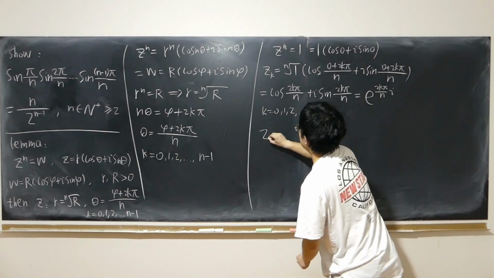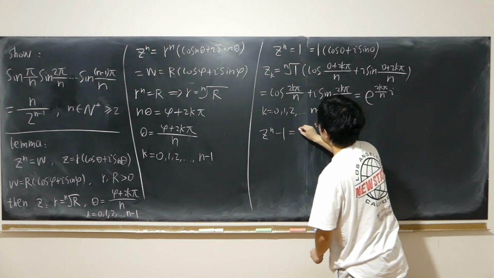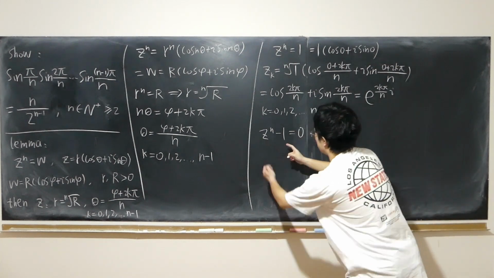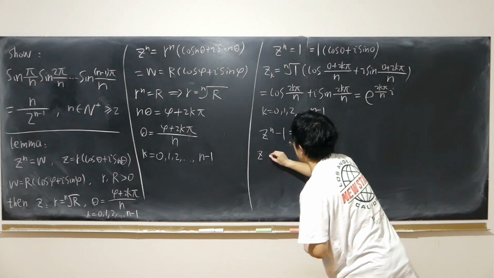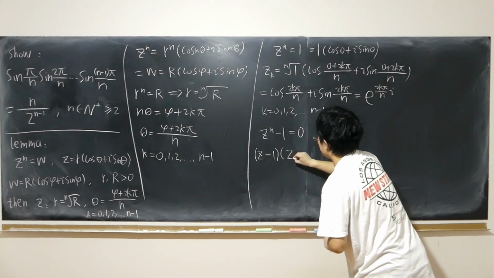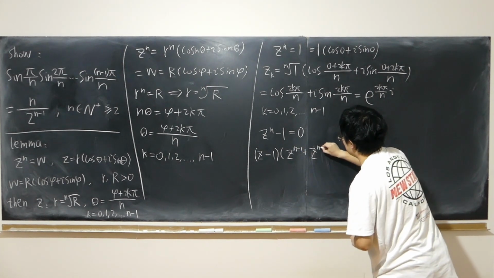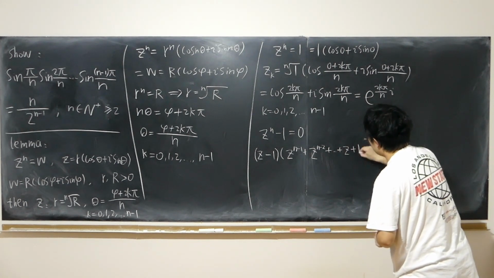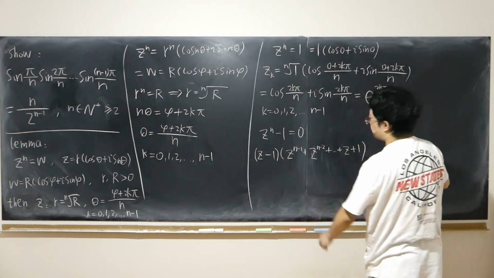Now for z sub k. First of all, rewrite this equation, z to the power of n minus 1 equals 0, and factor it out. We have the formula: z minus 1 times z to the n minus 1 plus z to the n minus 2 plus all the way to z plus 1. This is factorization.